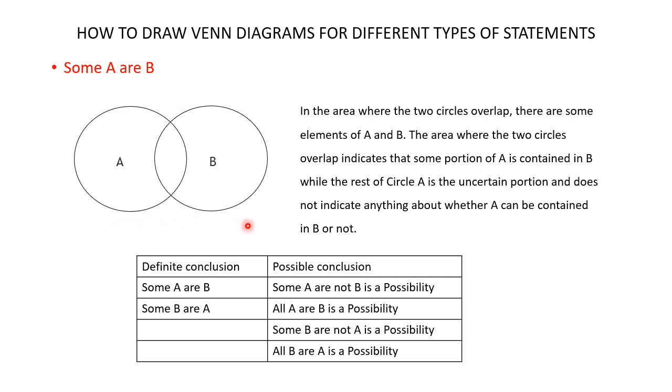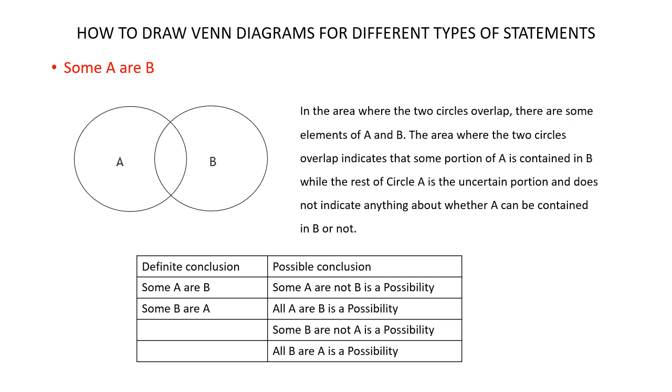So this is the Venn diagram for the statement some A are B. Here clearly you can see that this portion of A is contained within B. This means this portion of A is B, that is some A are B. So this is the Venn diagram for the statement some A are B. Now whenever you are asked to draw a Venn diagram for statements like some A are B, this is the Venn diagram that you should draw.